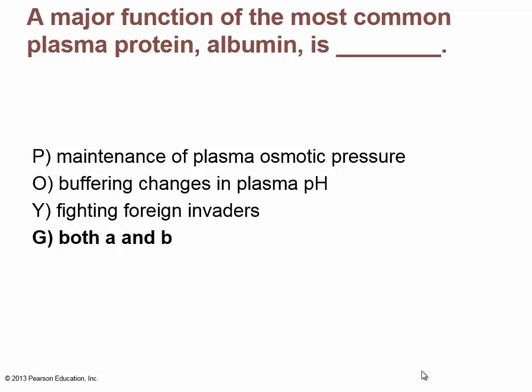It is the green, which really should say P&O. It helps maintain plasma osmotic pressure, which is going to help maintain blood volume and blood pressure. And it also has buffering abilities so that your plasma pH doesn't change.